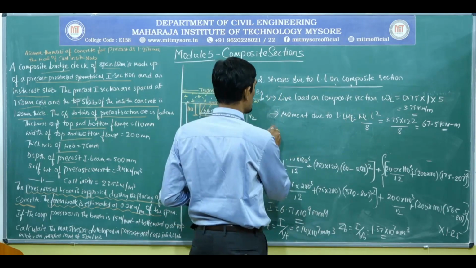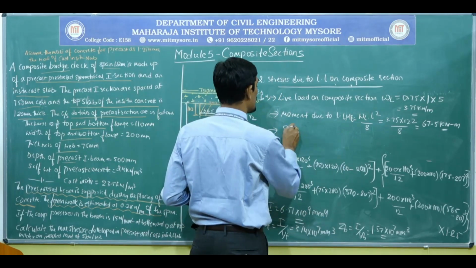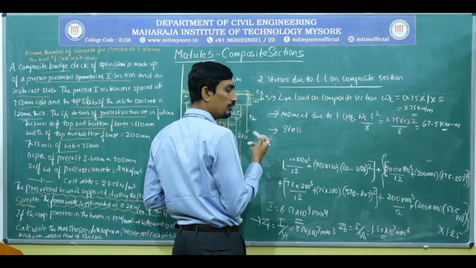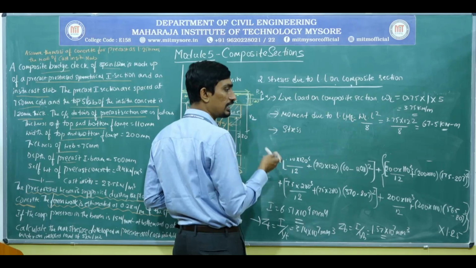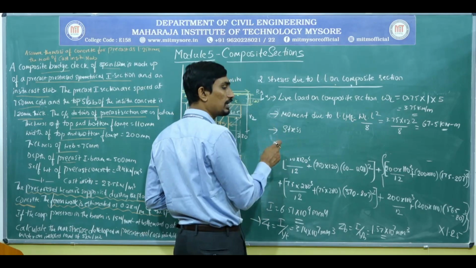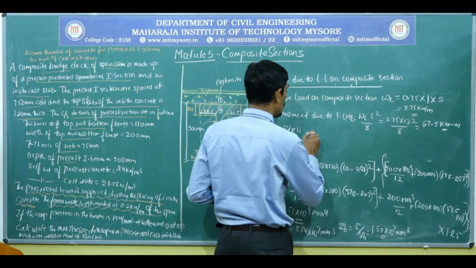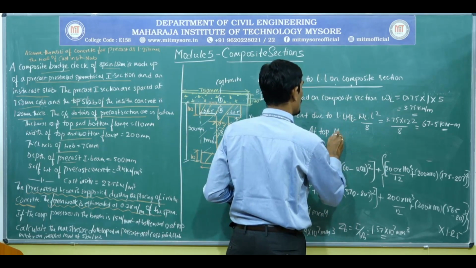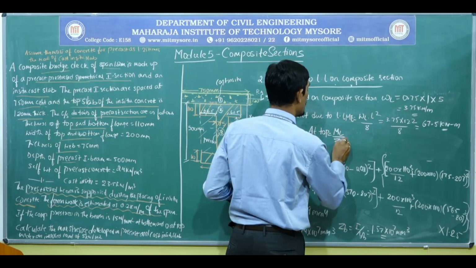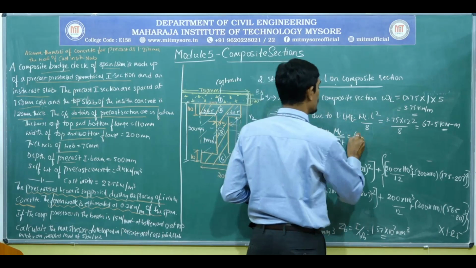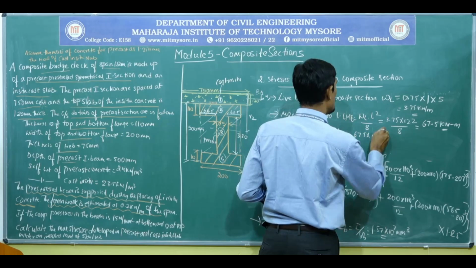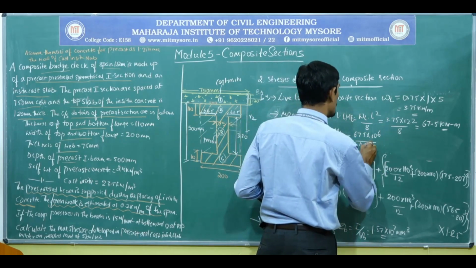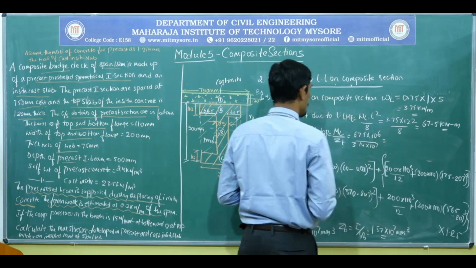Now let me calculate the stresses. The stress at top and bottom will change. Please be careful, because Y top and Y bottom have changed, and Z top and Z bottom will change, so automatically the stresses will also change. Stress at top is ML divided by Z top, that is 67.5 into 10 to the power of 6 divided by 3.14 into 10 to the power of 7.